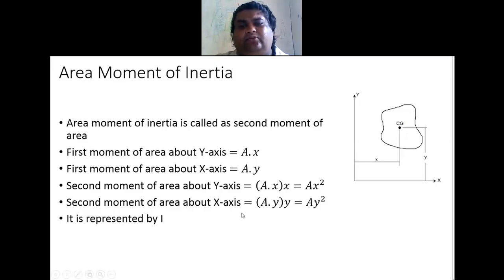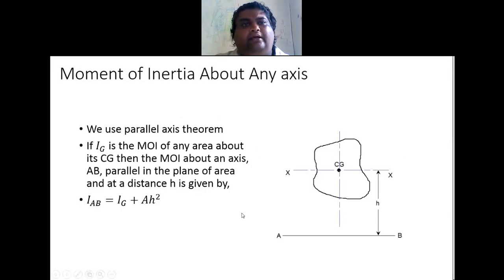Now, before we go into the derivation of finding the moment of inertia, we will first try to understand another theorem called the parallel axis theorem. So, moment of inertia about any arbitrary axis in the plane of the area is determined using the parallel axis theorem.